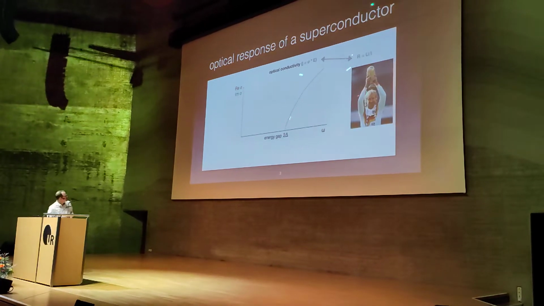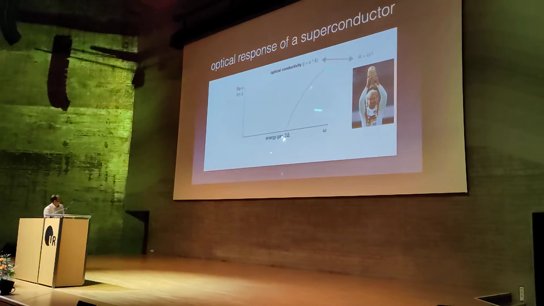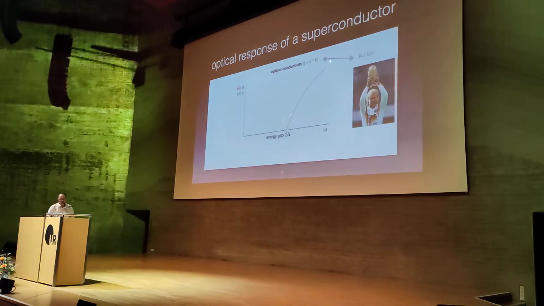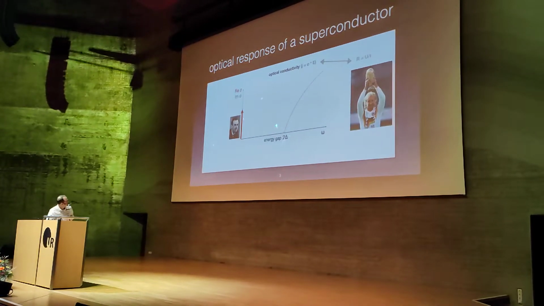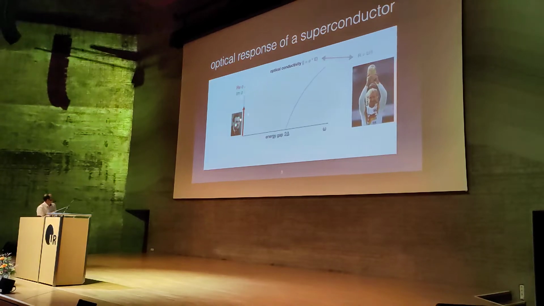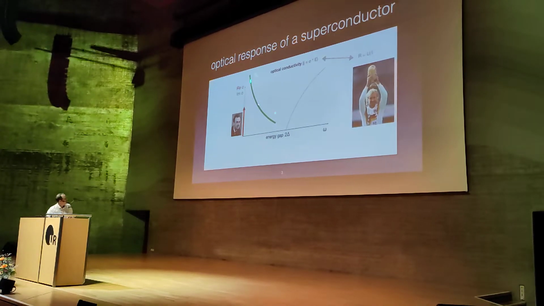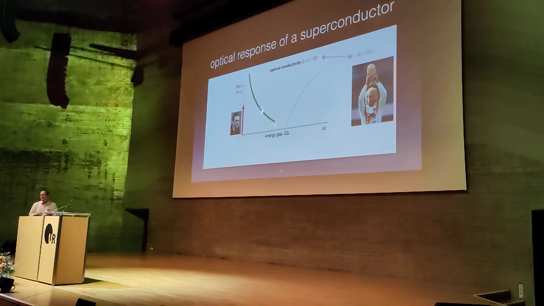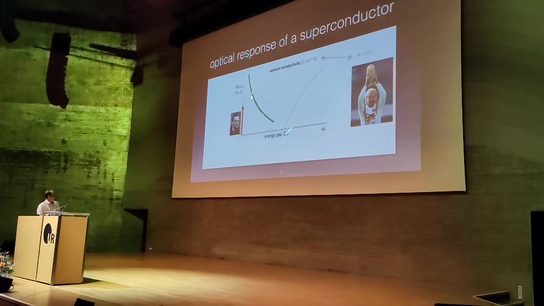So what does it look like? A superconductor has an energy gap, so if you plot this as a function of frequency, there's an onset of excitations above the gap. But more importantly, it flows without resistance, so at zero frequency you have a Dirac delta function, and that comes along with a 1 over omega divergence in the imaginary part of the optical conductivity.